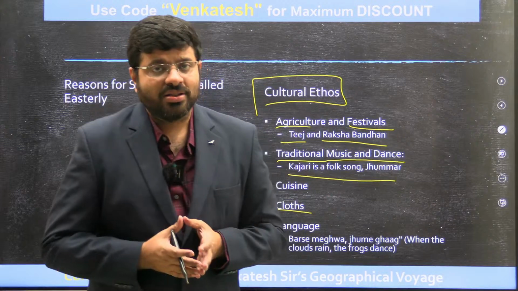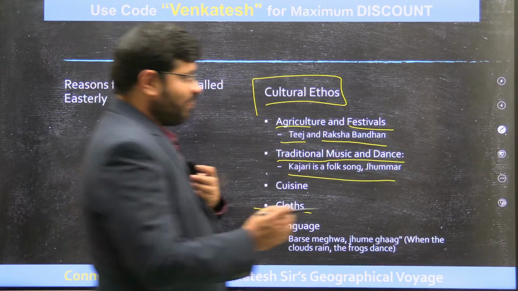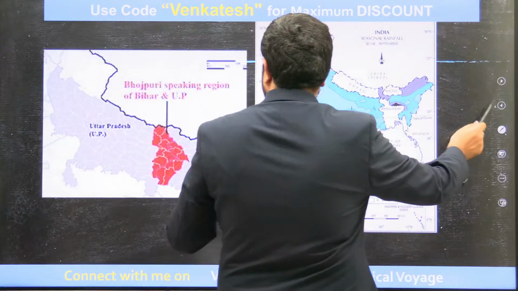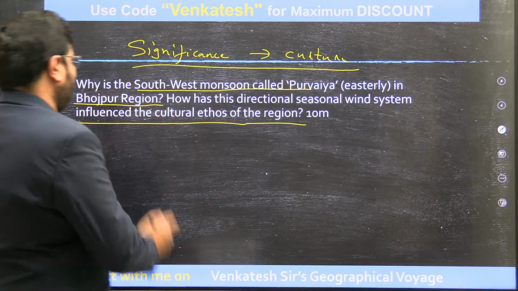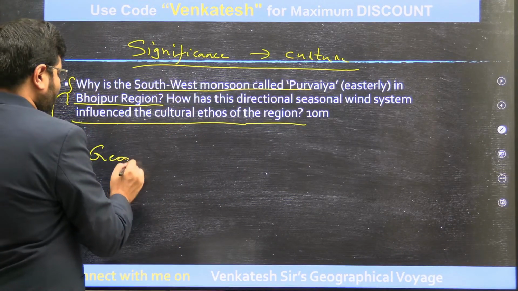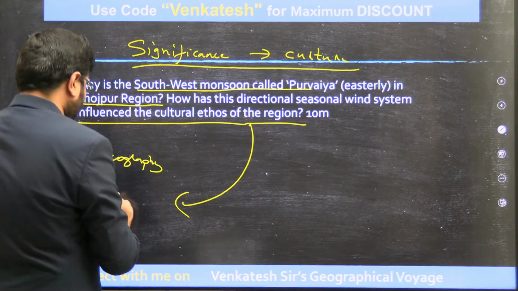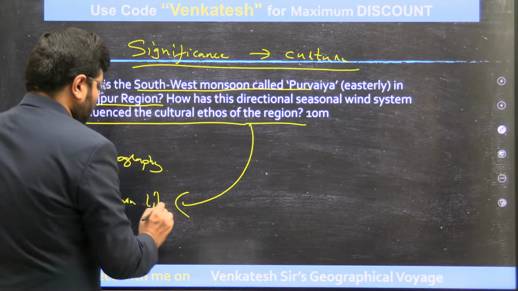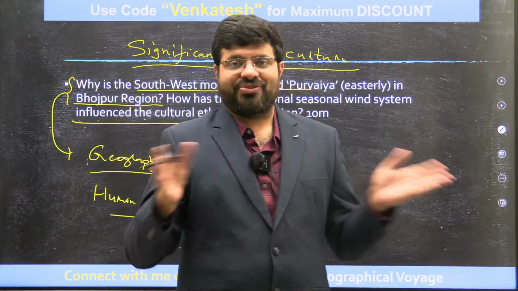Am I right? So that is what they are asking. See, look at the linkage. If you see this, it's a wonder. This question is a wonderful mix: why it is called Purvaya is the first half, geography, and the second half is human life. So we are dividing this session into two halves.